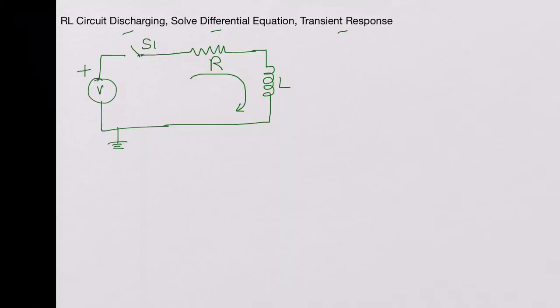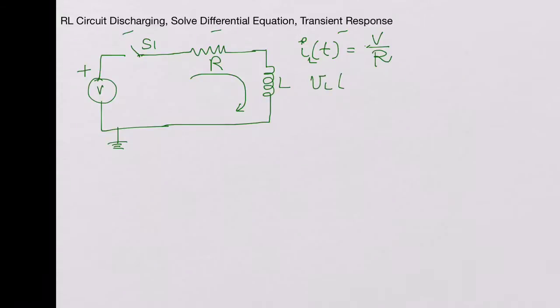So we noticed that I of t after steady state is V over R. So when it reaches steady state, the current goes to V over R, and this is IL of t.